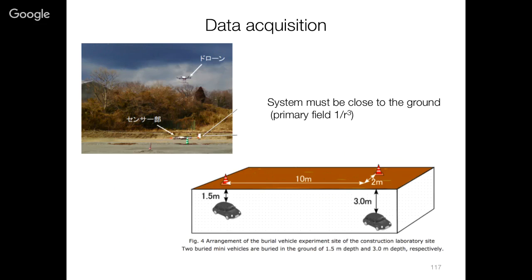They kind of look like magnetic dipole fields, and they're going to fall off as 1/r cubed going up. So the result was that because of that geometric attenuation, you actually had to be pretty close, and something that was 1.5 meters deep, you could detect. Something that was 3 meters deep might be a little bit more iffy.